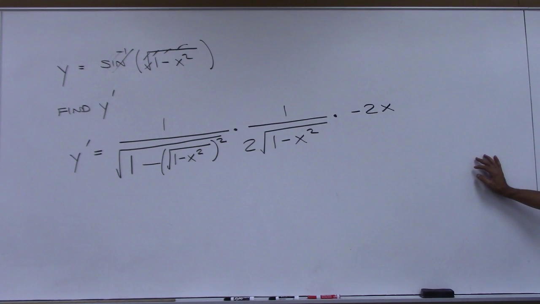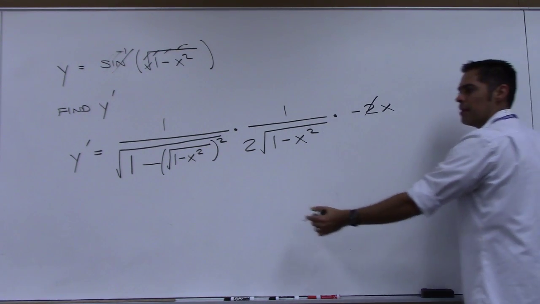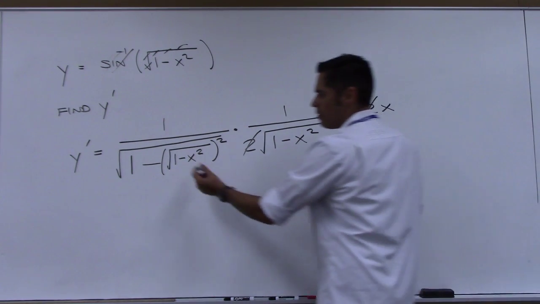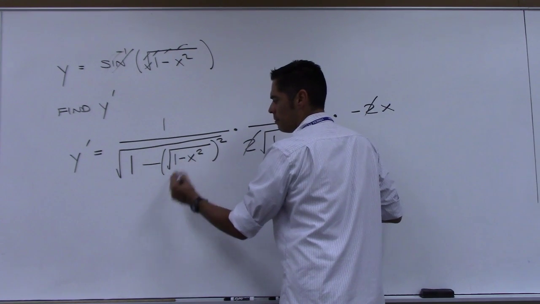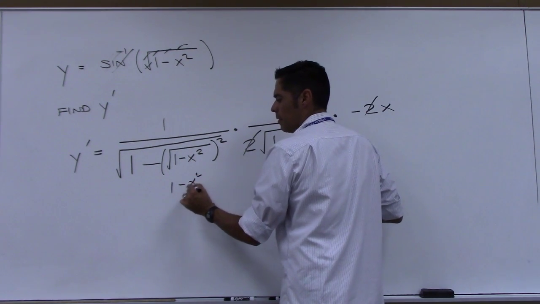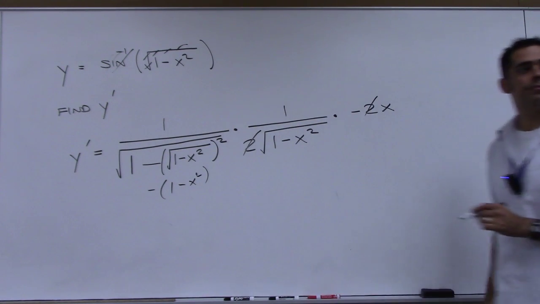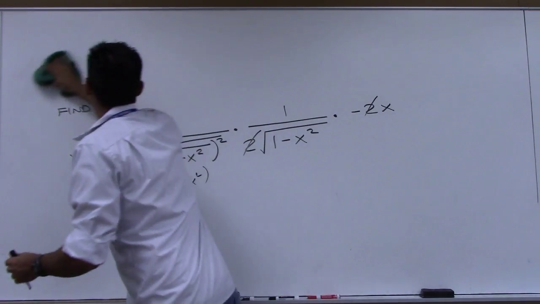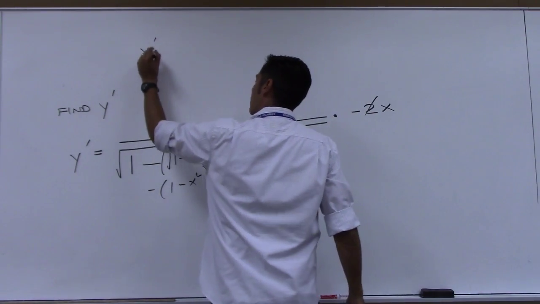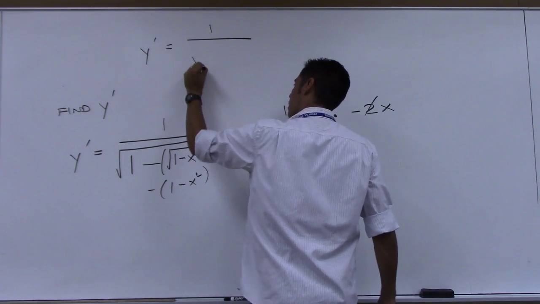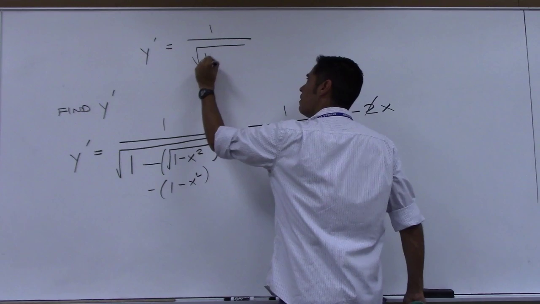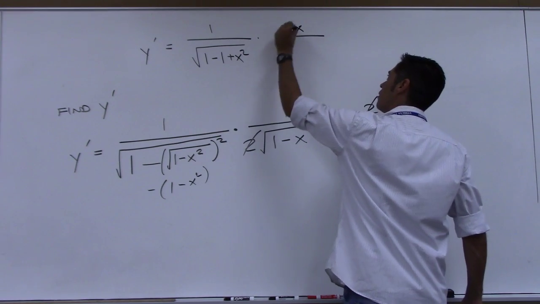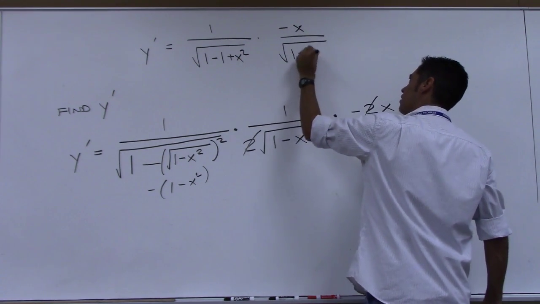All right, let's clean this up a little bit. 2's cancel. Still have a negative here and an x. How about when you square the square root? Goes away. I'm just left with what? 1 minus x squared? But there's a negative in front of it, right? So what is going to be left under that square root? Just x squared? So 1 over the square root, I'll write it out slow, 1 minus 1 plus x squared times negative x over square root of 1 minus x squared.